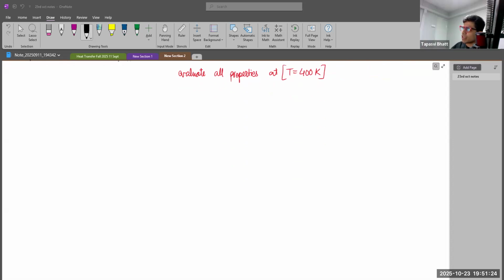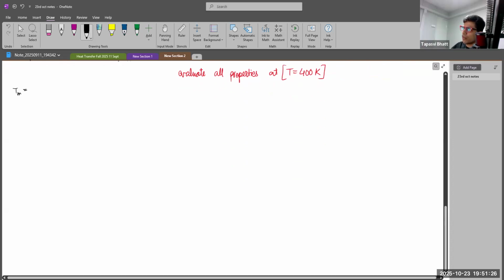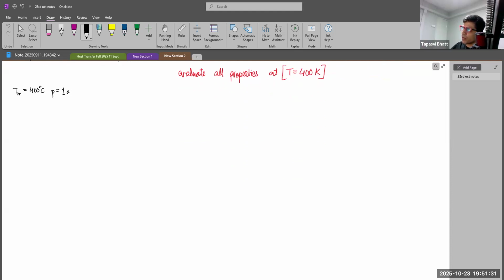So they're saying that T mean has to be taken at 400 degrees Celsius and P is 180. At these conditions, we have properties of air. Mu is 230.1 times 10 to the power minus 7 Newton second per meter square.